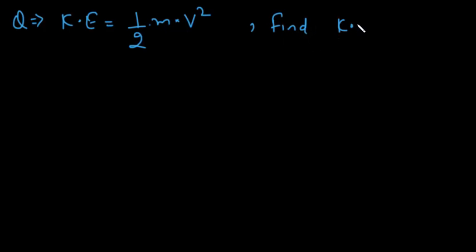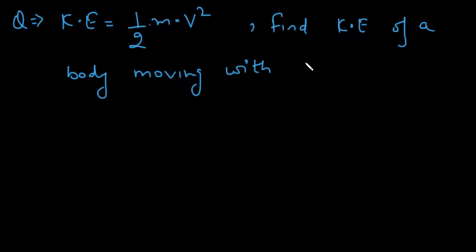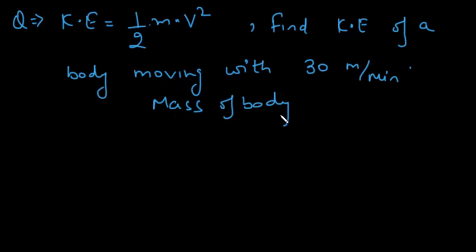Find kinetic energy of a body moving with 30 meter per minute. Mass of body is 3 gigagrams. Okay, so pause the video and try to do it yourself. Okay, let's do it.